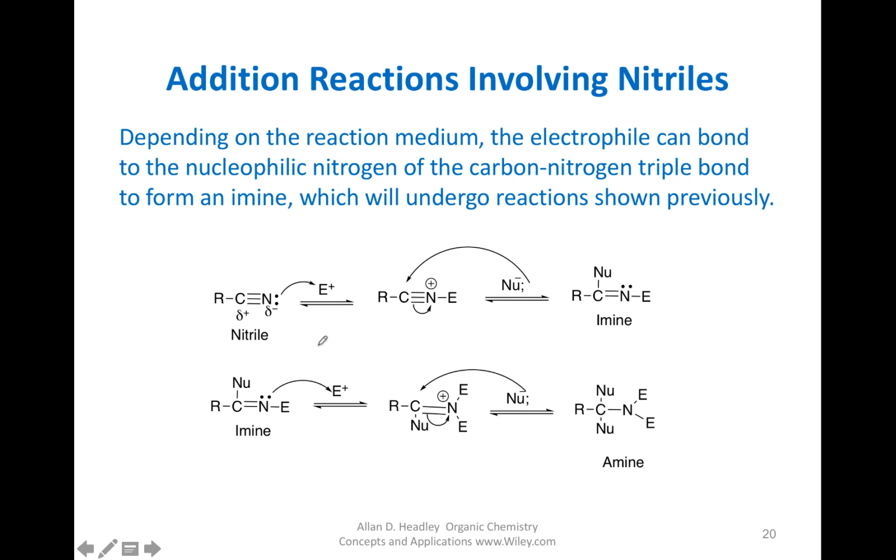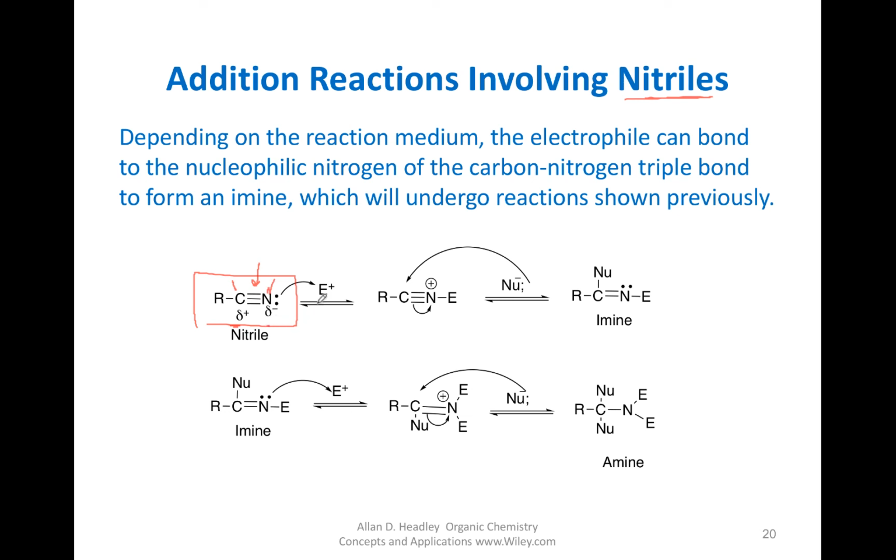Let us look here at the reaction of nitriles, or the addition reaction to nitriles. Here again, you may recall this is the functional group of a nitrile. Carbon, nitrogen, triple bond. As you can see here, even though it's a triple bond, it is a polarized triple bond. This carbon is partially positive, and this nitrogen is partially negative.